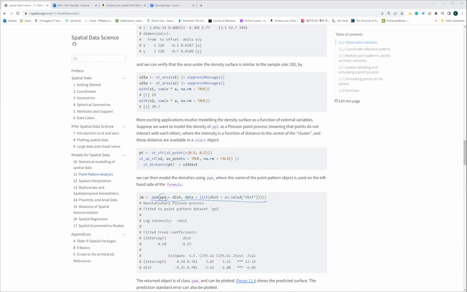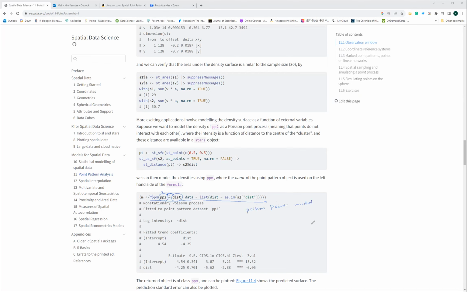PP2 is a raster image of the point pattern, and this is the attribute attached to each point, and then we can develop the PPM, which is the Poisson point model.